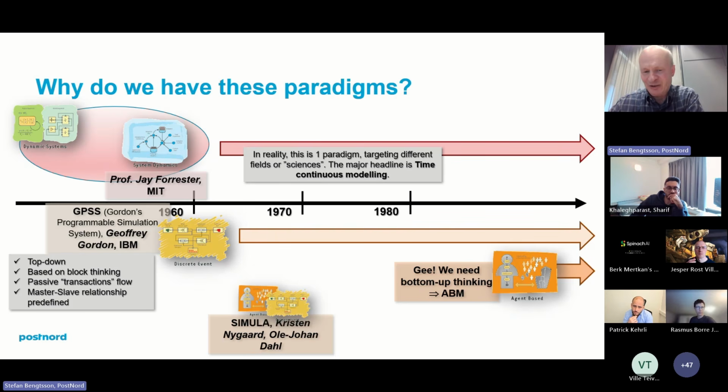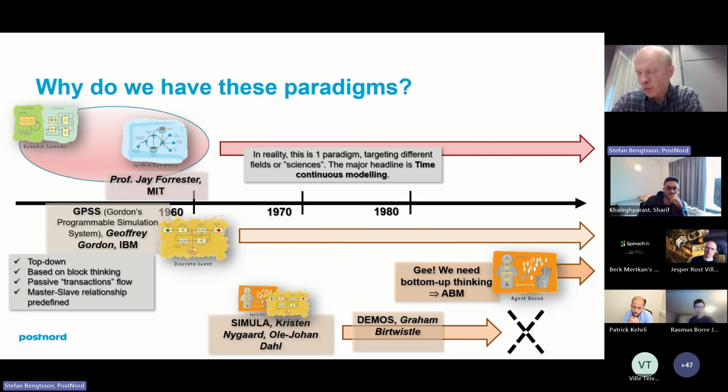And it's really this combination we lost, because over time, Simula was not successful enough to take a commercial position in the simulation world. It was successful in the sense that it affected object-oriented programming. So it became the mother of all object-oriented programming languages.